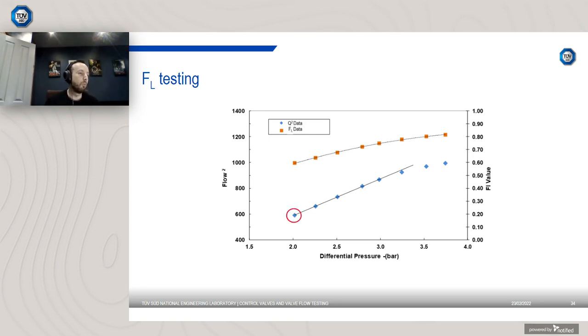So we've got our normal flow point, we've got our extreme, that's as much cavitation as we can realistically generate within the facility. And they start to deviate from the straight line roughly at this point. We've also got the FL data plotted on the top in orange, so we can fit a line through that, determine where it crosses, and that gives us our FL number.